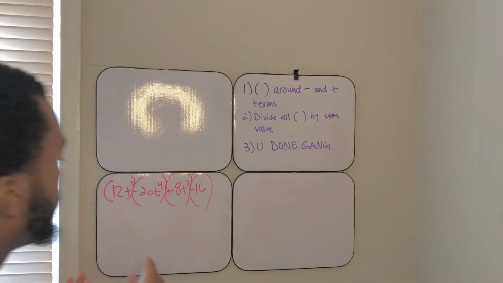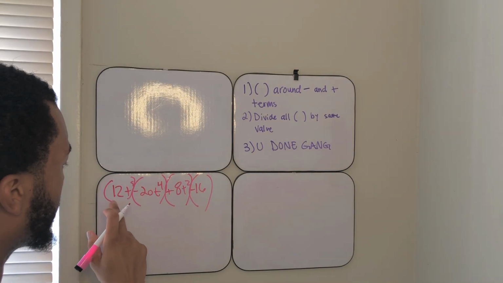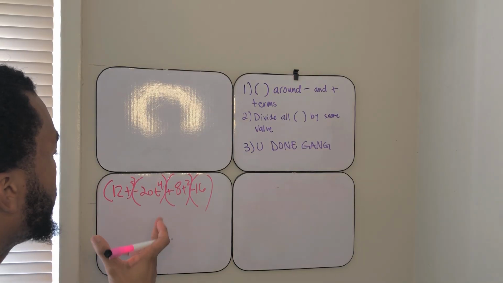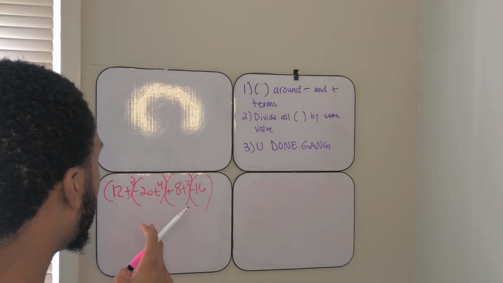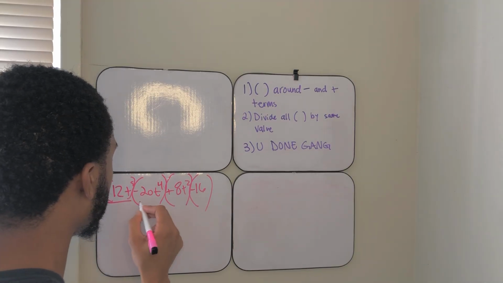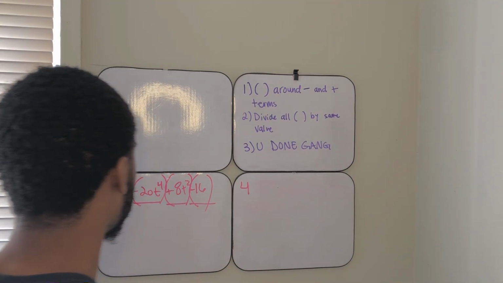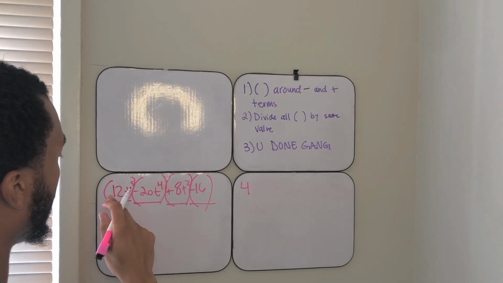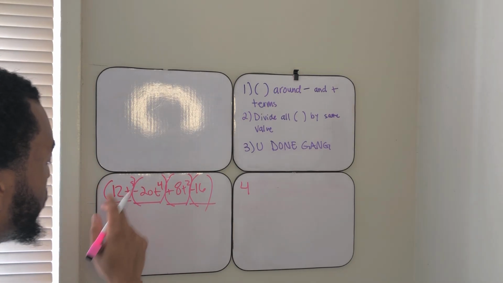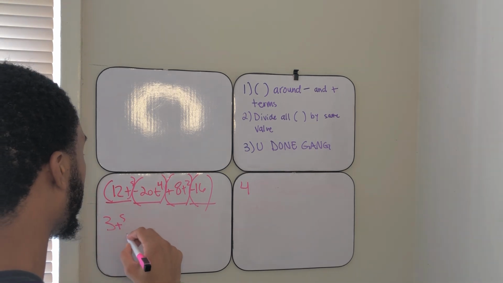First we see what they have in common. We start with the coefficients: 12, negative 20, 8, 16. All of these are divisible by 4, so we're going to divide all of these by 4. We put that 4 over to the side just so we can keep up with it. 12t to the fifth divided by 4 gives 3t to the fifth power.